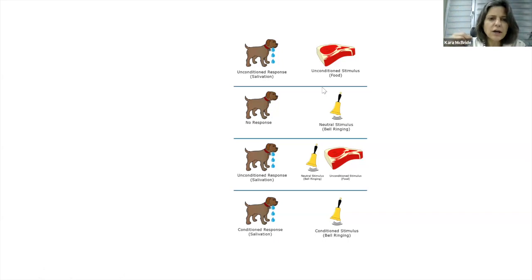When they saw the meat, they would start salivating, and then they'd hear the bell. After a number of times of doing these two things together, eventually they became connected in the dog's mind, and you could just ring the bell and the dog would salivate.